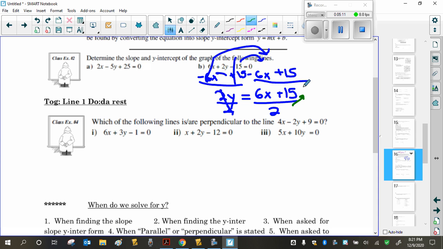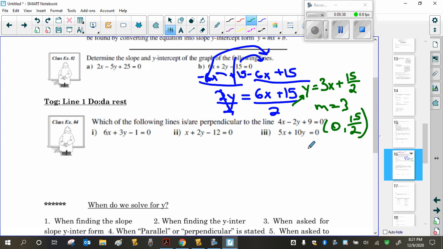So we're left with y equals 6 over 2x, which is 3x. I'm just going to divide it. Plus 15 over 2. 15 over 2 is just 15 over 2. So the slope, you got to remember, you got to answer the question, equals 3. And the y-intercept is that.